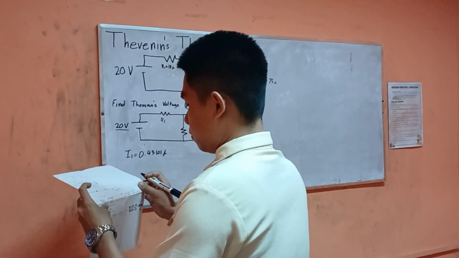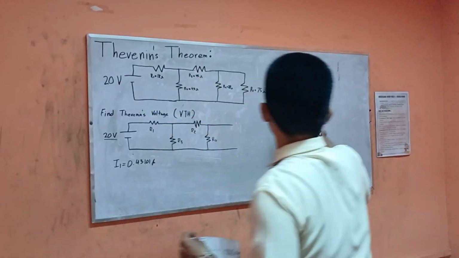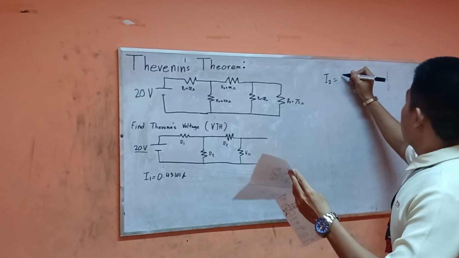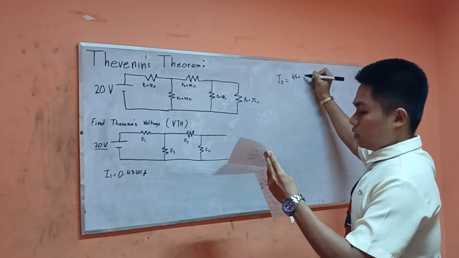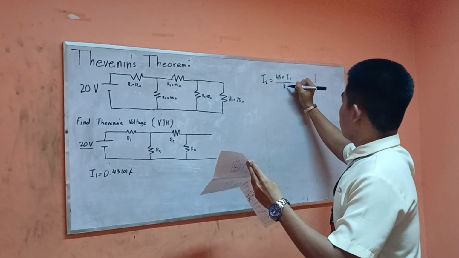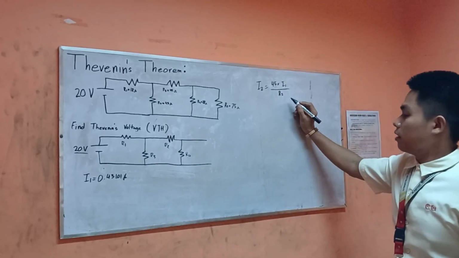So I2, or loop 2, is equal to 45 times I1 over R2. First, we need to solve for R2 again.